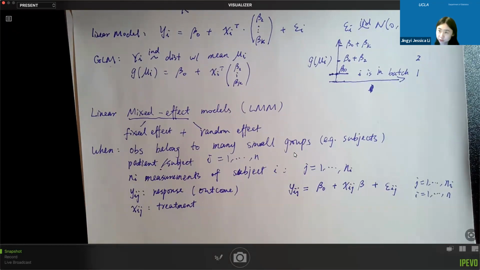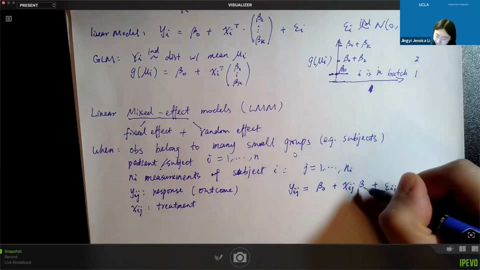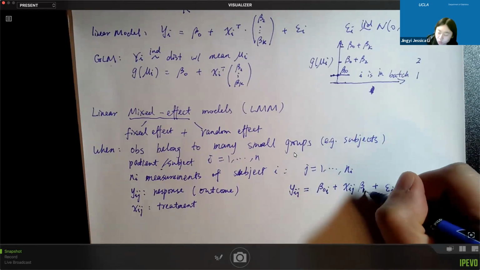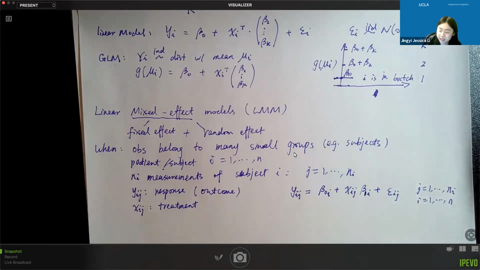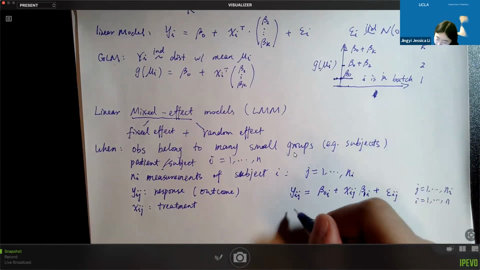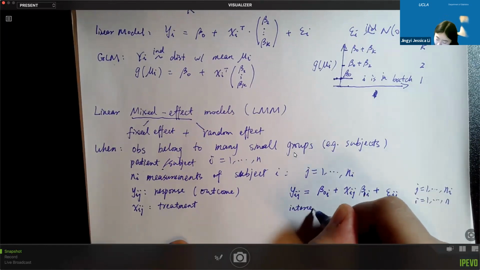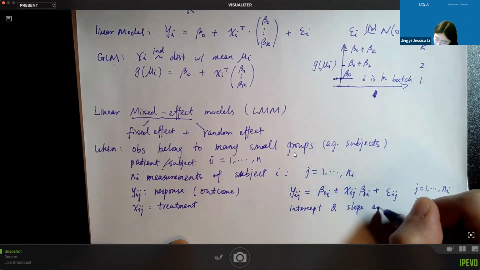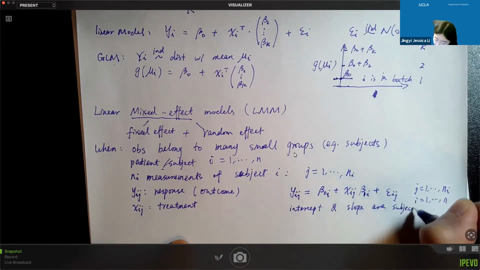That's not something we believe it should be, right? Different people may have different baselines, and they may have different effects. So a more reasonable way is to call these beta 0i and beta 1i, giving a subindex i, to mean that the intercept and the slope are subject specific.